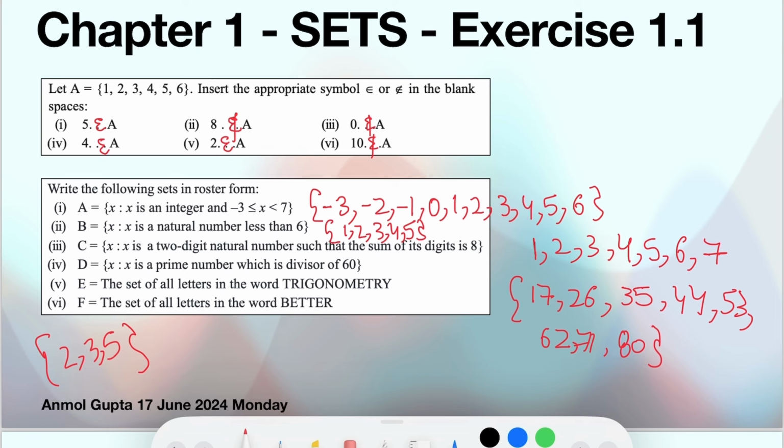Moving on to the fifth question, E equal to the set of all letters in the word trigonometry. So remember, in roster form the letters are not repeated and the order does not matter. The order of elements does not matter.